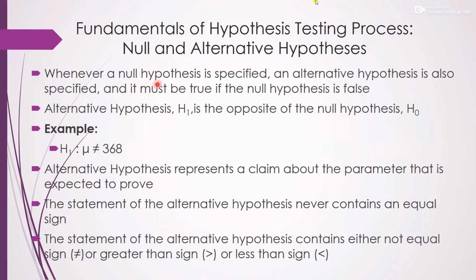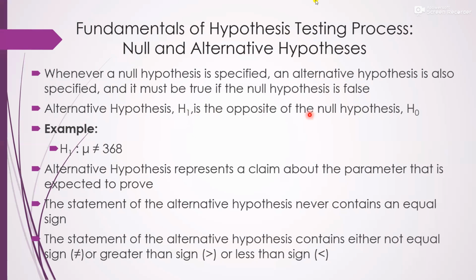Right? So whenever a null hypothesis is specified, an alternative hypothesis is also specified. It must be true if the null hypothesis is false. The alternative hypothesis is denoted by H1.